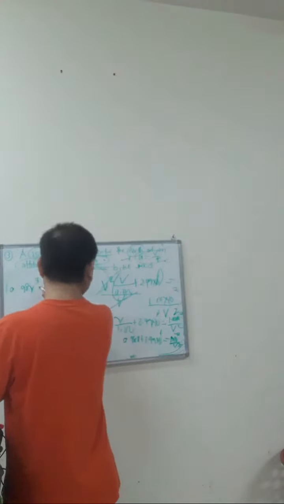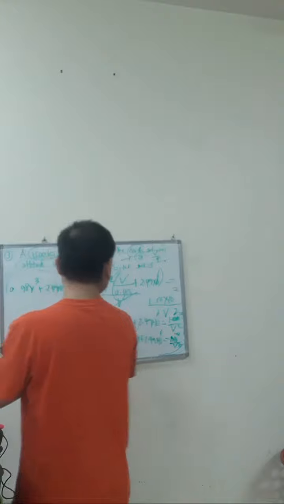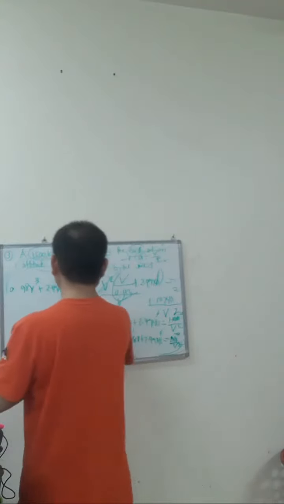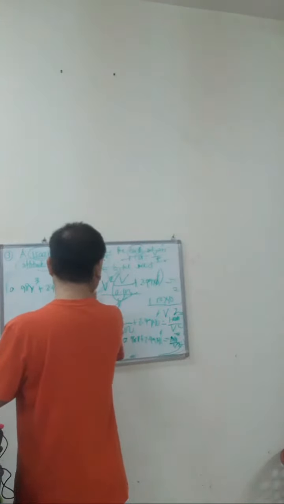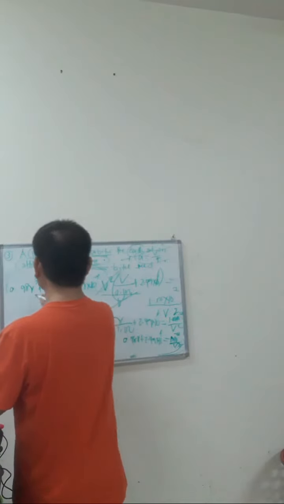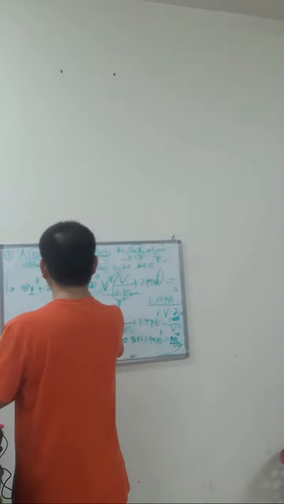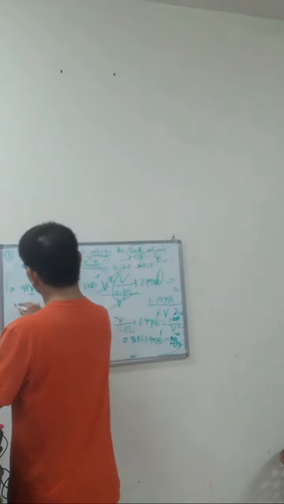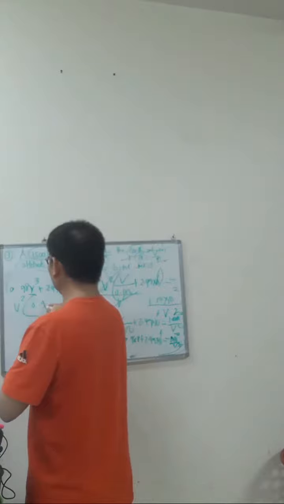Then 2.49 times 10 to the 6, V squared, equals 1 times 10 to the negative 7. The common factor is V, so V squared, and 0.98V.